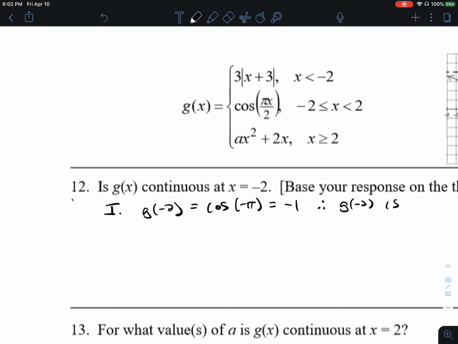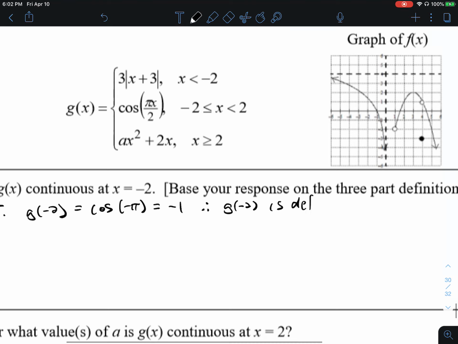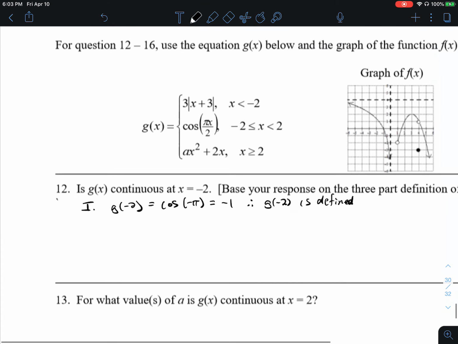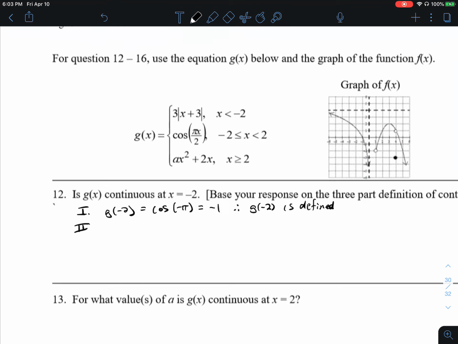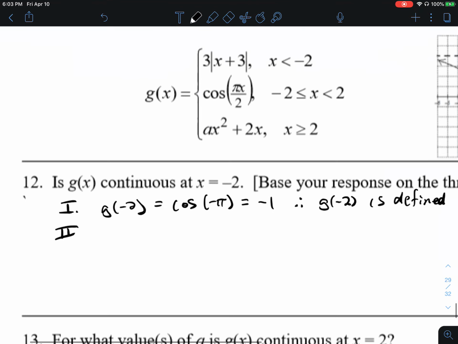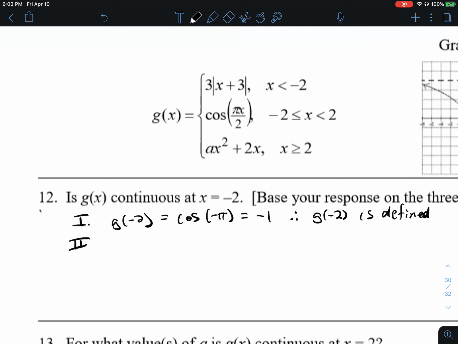Therefore, g of negative 2 is defined. Two, does the two-sided limit exist? Well, the limit as x approaches negative 2 from the left, that's going to be this fella.